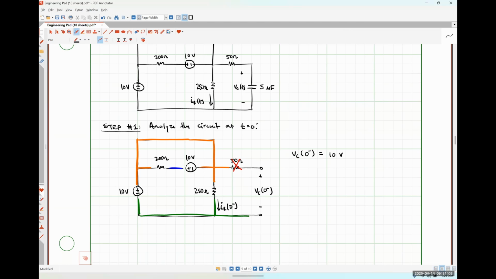So it matters in as much as it could be potentially driving. So there's going to be some current flowing through the 200 ohm resistor because of the voltage difference between the blue node with respect to the green node and the orange node with respect to the green node. But that's all the 10-volt source in the top middle is going to be doing, is just pushing some current through that 200.